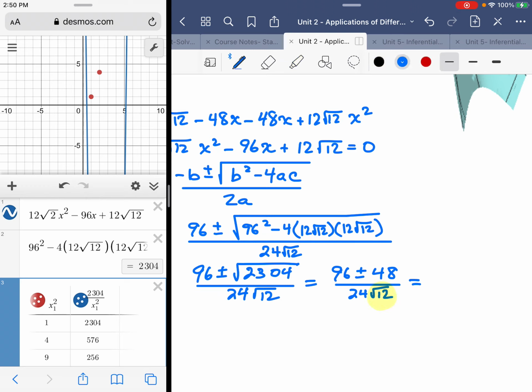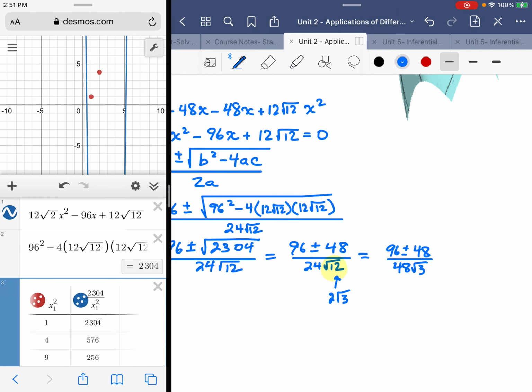I'm going to simplify it now because this becomes a 2 radical 3. So I could say 96 plus or minus 48 over 48 radical 3. This way I could simplify the numerator further, because each of the coefficients is divisible by 48. So we're looking at 2 plus or minus, really a 1, over the square root of 3.